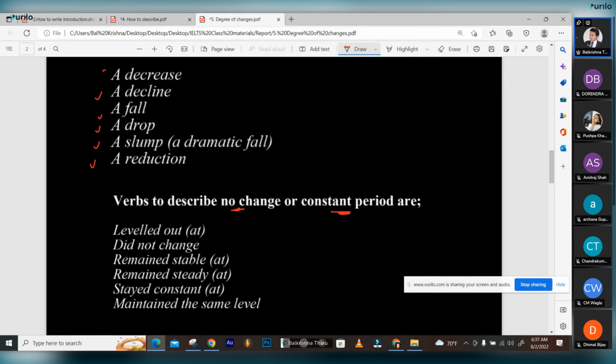These are the different ways to describe no change: levelled out at, did not change, remained stable at, remained steady at, stayed constant at, maintained the same level. You may take the screenshot of this.